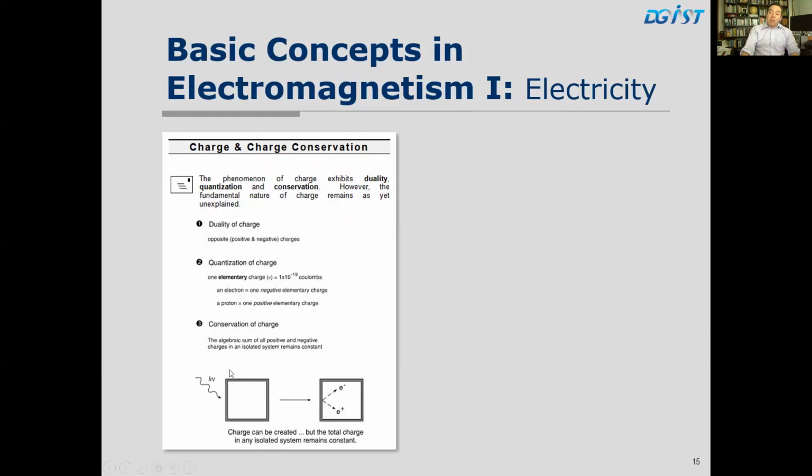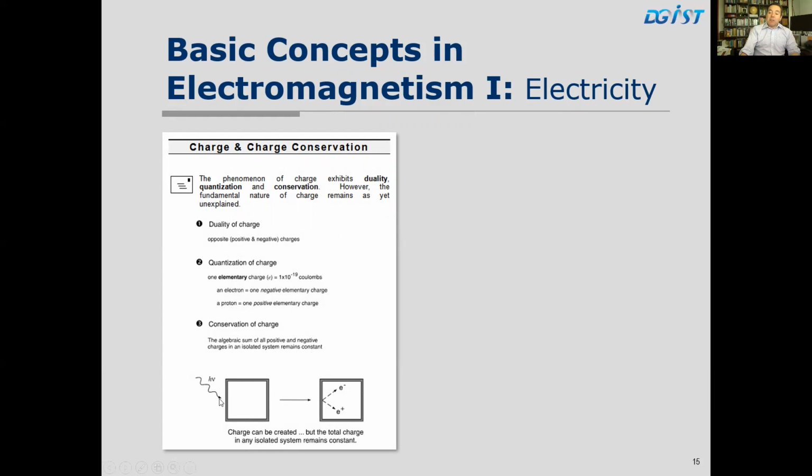This diagram indicates that charge can actually be created. So conservation of charge does not necessarily mean that charge is constant, but rather that the total sum of charges remains a constant. So in this box here, you have no charge.